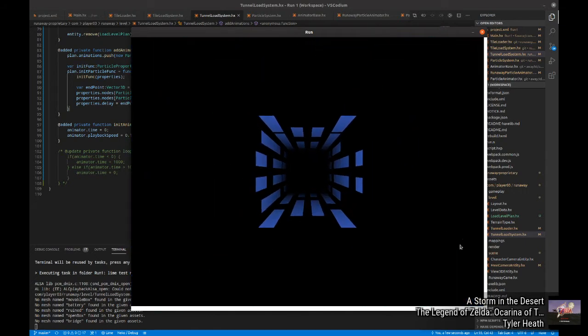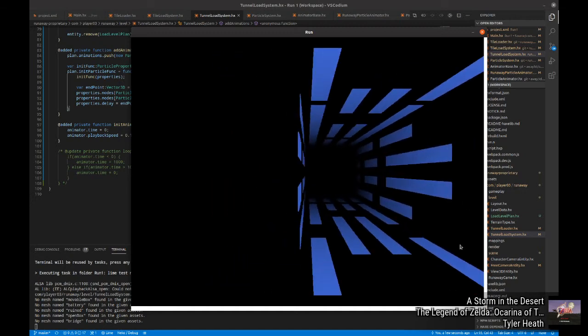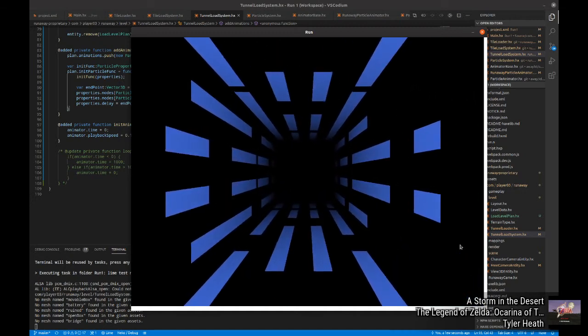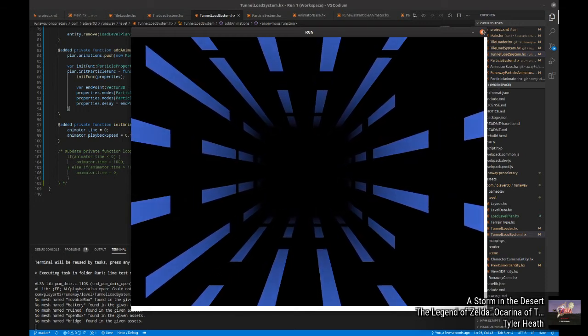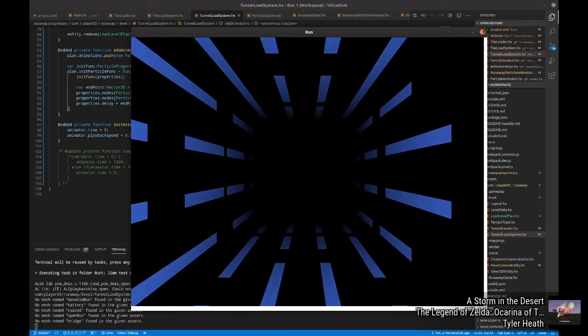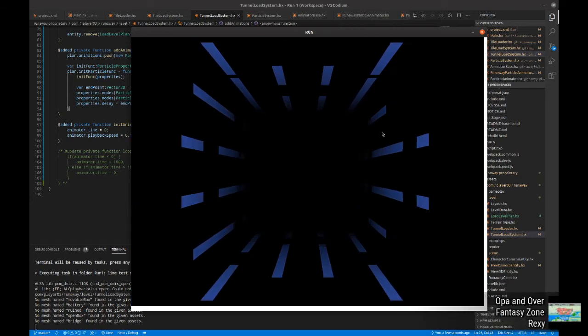Interesting. We've got animation. It is meant to be slow, just so that we can see it before it all zooms off.